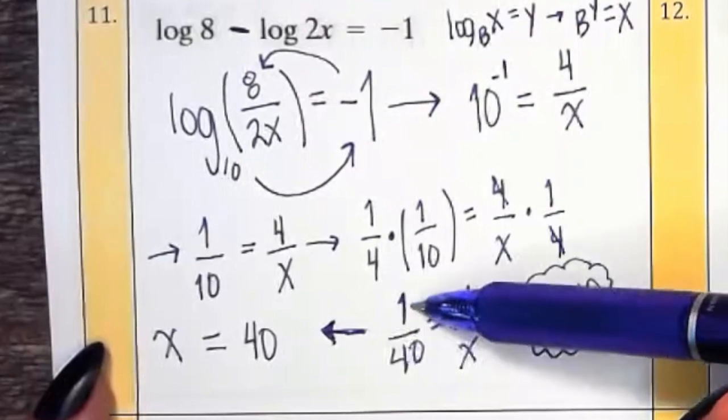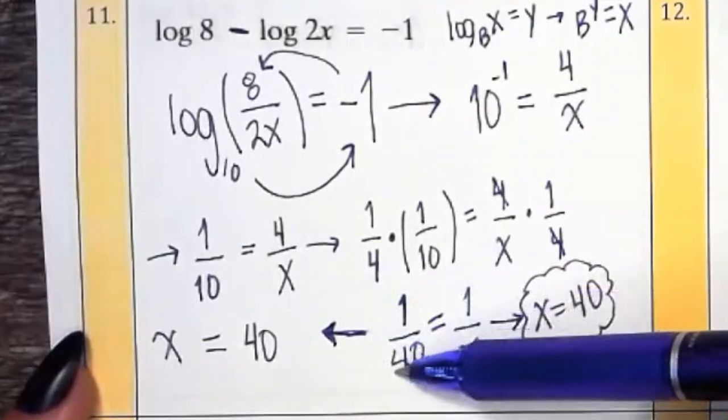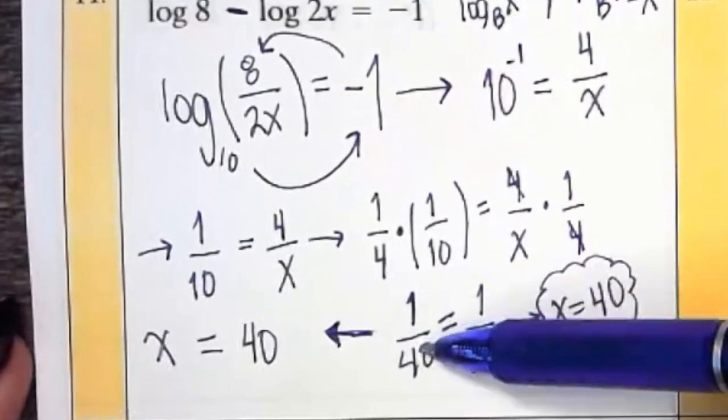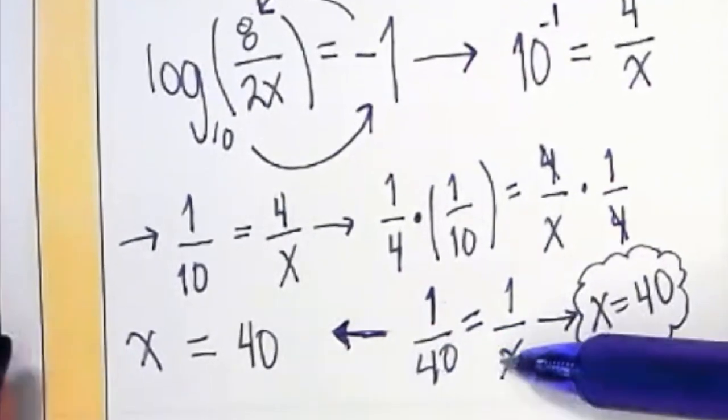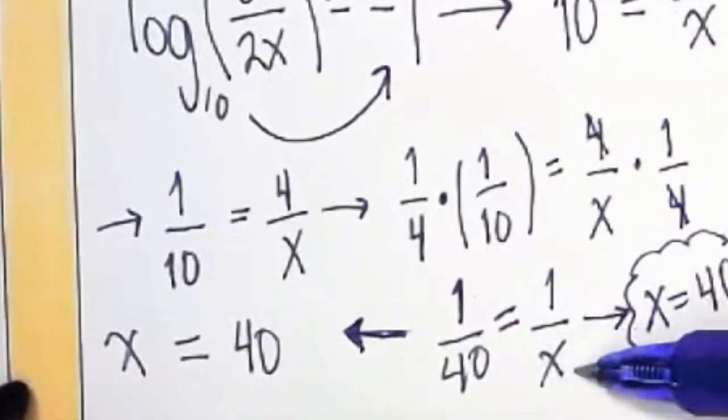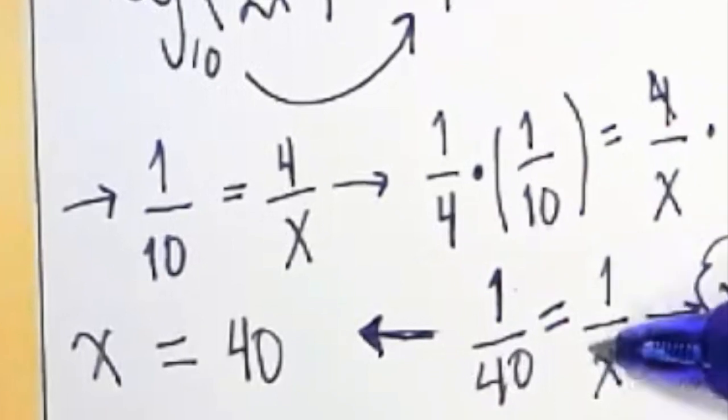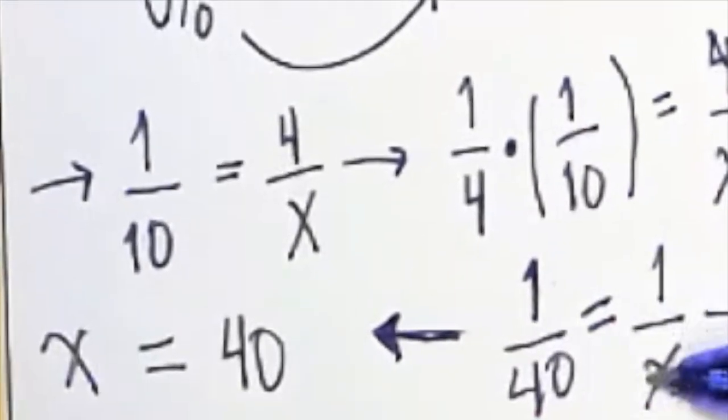What else is there? If you ever solve and get your answer upside down, like, oops, I solved for 1 over x, not for x, in the calculator there is that button that I've brought up to you guys before, the 1 over x button.